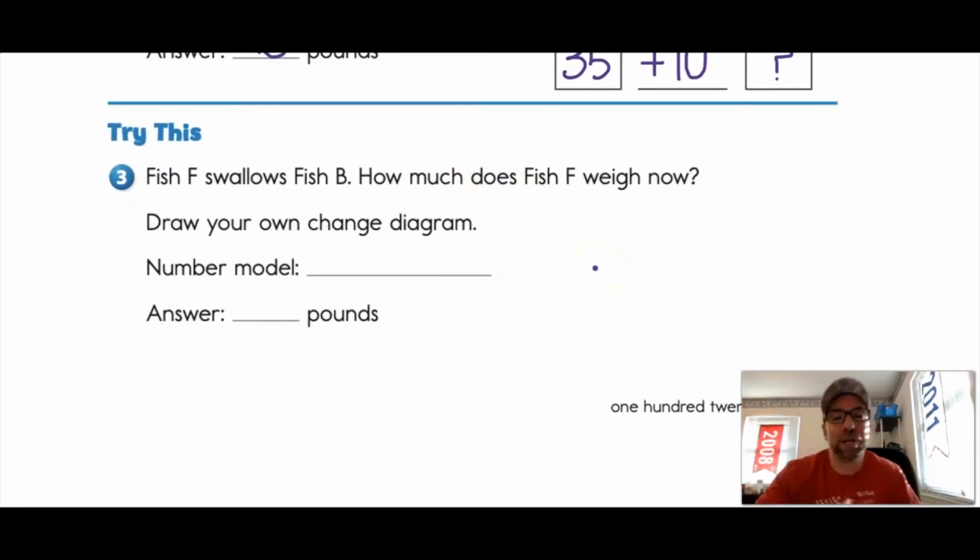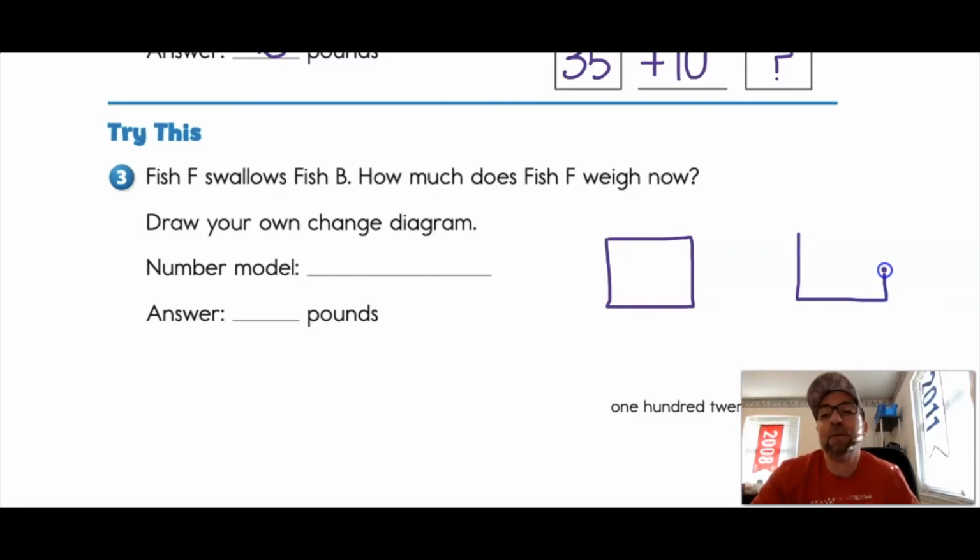See if you can do it on your own. Mr. Renzi's going to start with his 2 boxes. I'm going to leave a space in the middle. I'm going to have an arrow and then a line to write the number on. And I have the start, the change, and the end.